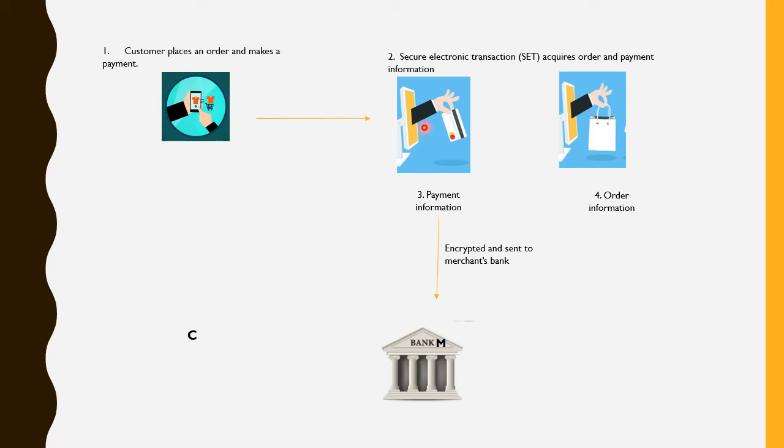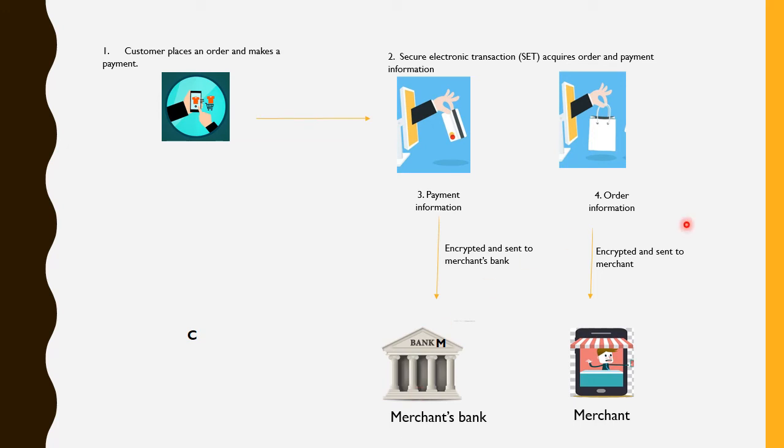So your payment information from the server is going to go directly to the bank. The payment information is not sent to the merchant. Similarly, your order information is going to be sent to the merchant separately. So none of this information goes to either of these two parties.